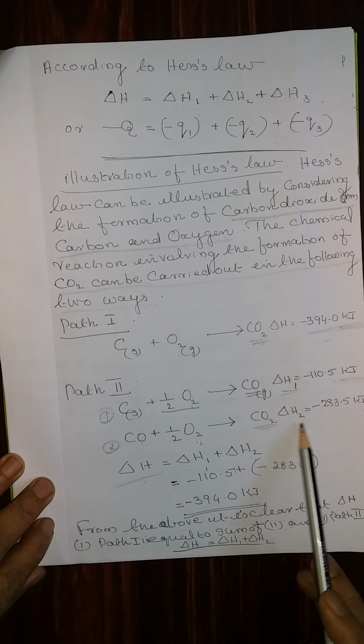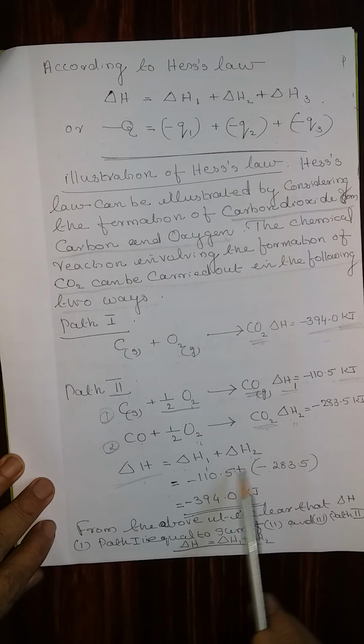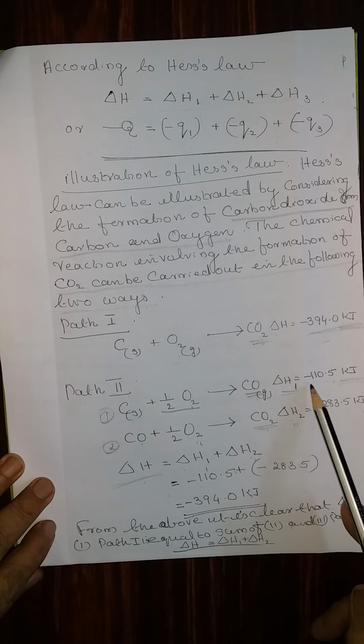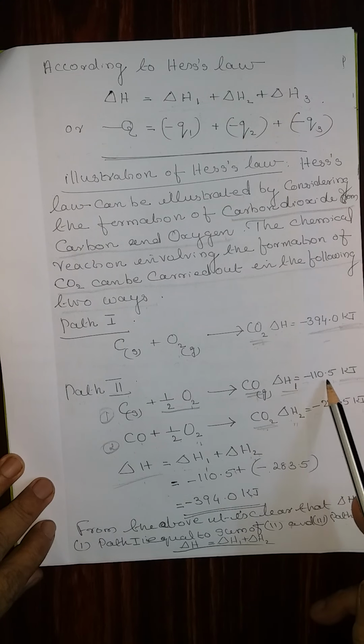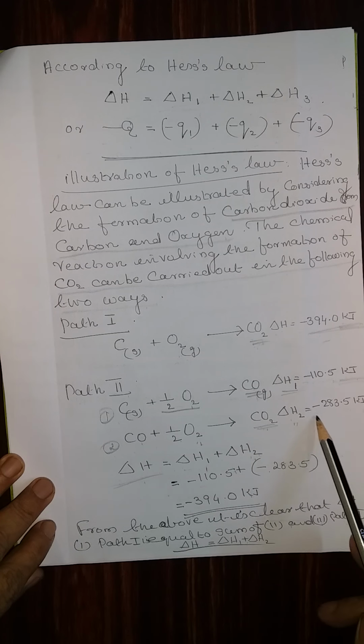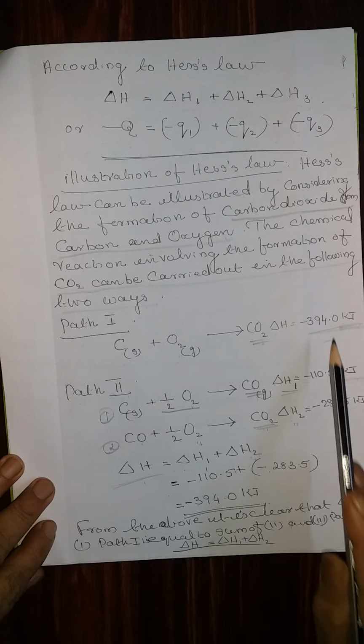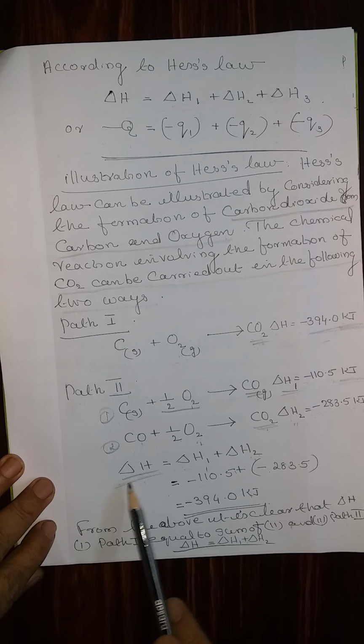According to Hess's law, delta H in path 1 should be equal to the sum of the delta H of the two steps, that is delta H1 plus delta H2. On adding these two, delta H1 is minus 110.5 and delta H2 is minus 283.5, you will get the same value as the delta H in one step.